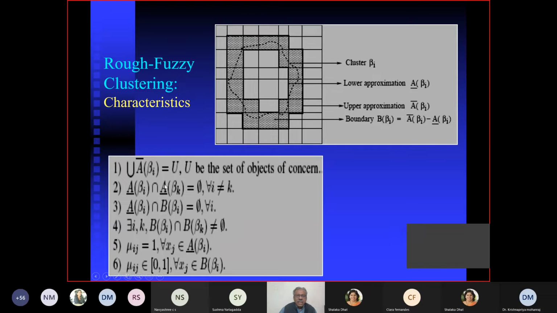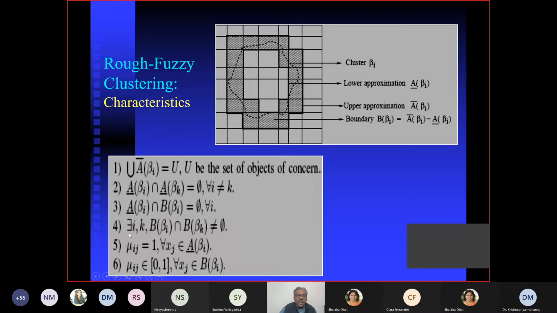Keep in mind, the intersection between two lower approximations will always be a null set. Similarly, the intersection of the lower approximation of one cluster and a boundary is also a null set, because there is no overlapping. It's crisp, a different boundary.